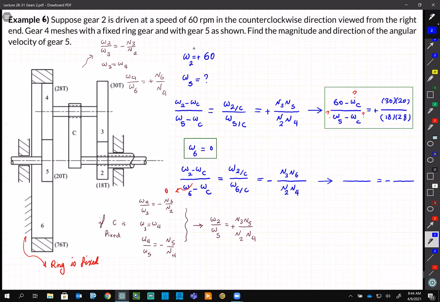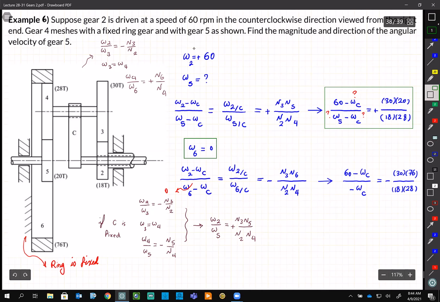So N3 is 30, N6, 76, and N2, 18, N4, 28. Don't forget the minus sign here, right? So omega 2 minus omega C minus omega C. So we will find omega C from this and then omega 5 from there.